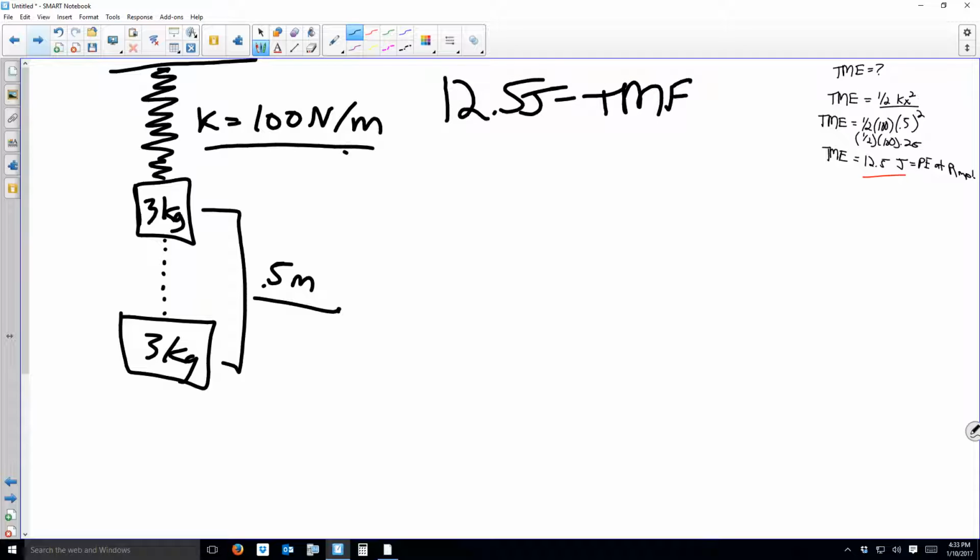Any point along the oscillation, whether it's somewhere in the middle, at equilibrium, at a peak or a trough, the total mechanical energy that we started with, that we gave it when we sort of loaded it up with energy as it got stretched, that 12.5 has to stay throughout. So now at 12.5 as my total mechanical energy, the question is, at equilibrium, how fast is it moving?